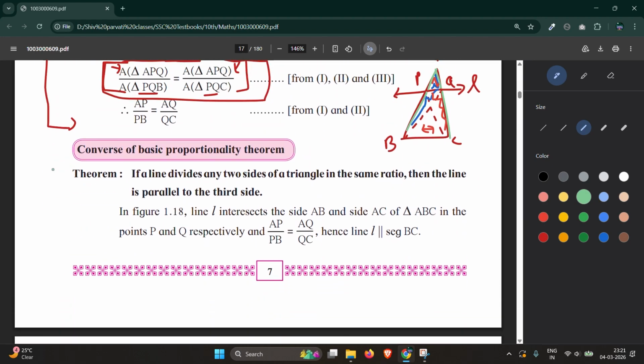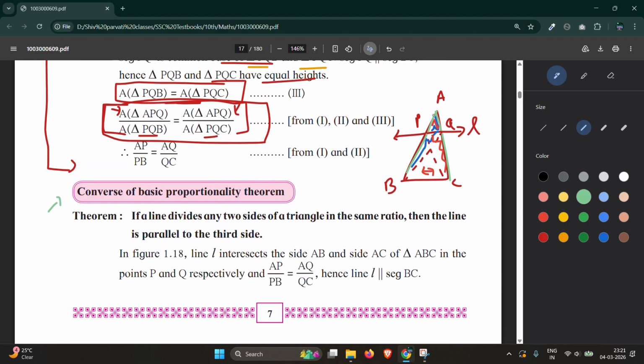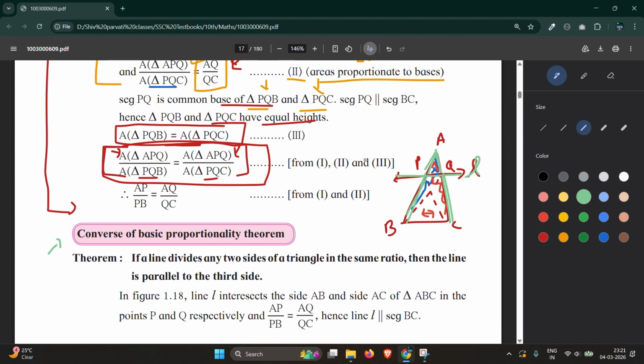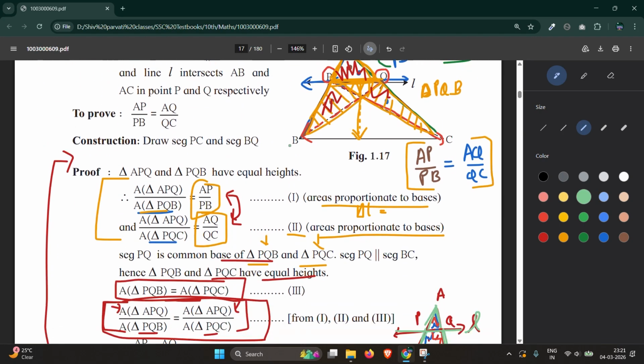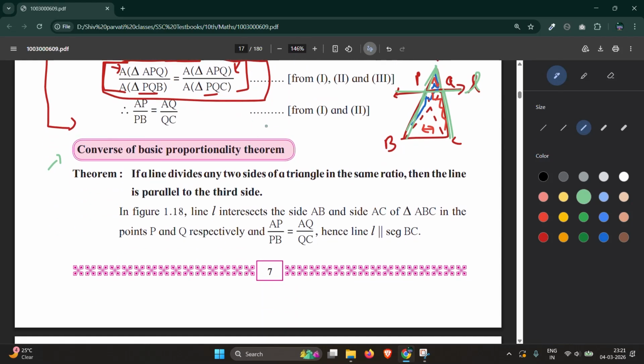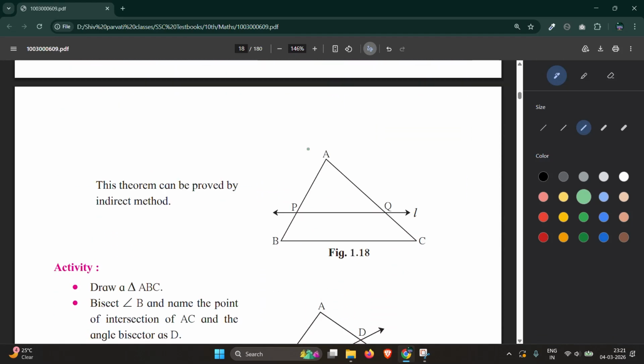Now the next thing is just the converse of this theorem, which says that if AP upon PB is equal to AQ upon QC, then this line is parallel. So these types of theorems always have a converse theorem as well, so you can just keep that in your mind.